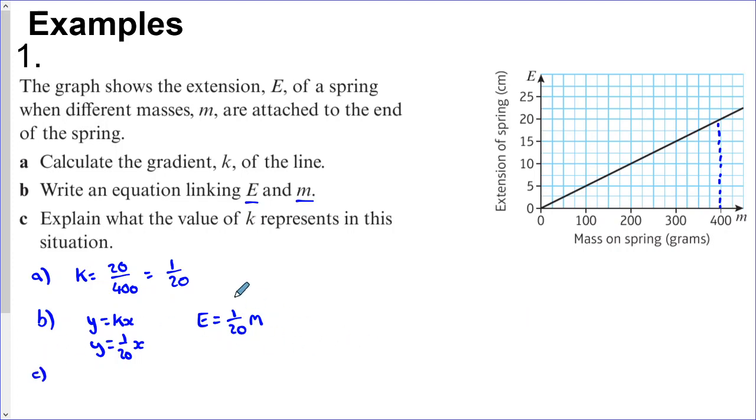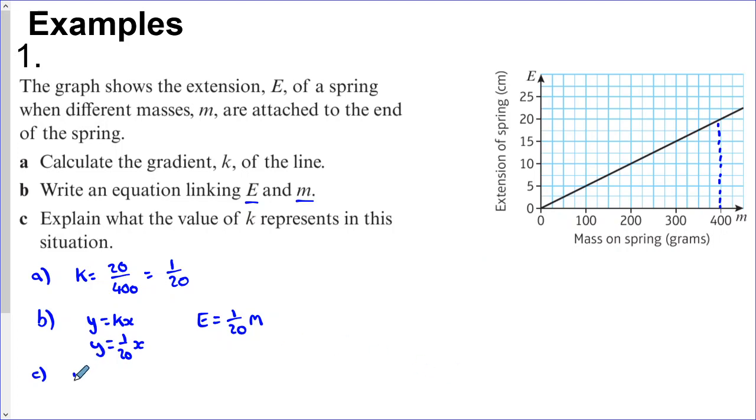Part C. A common question is to interpret what part of the equation means, what some coefficient or constant might mean within the context of the question. Here, explain what the value of k represents in this situation. So k is how much the spring is extending every time m increases by 1 gram.